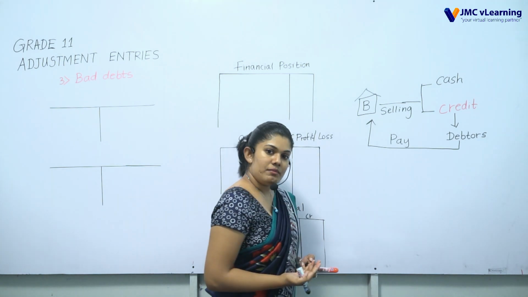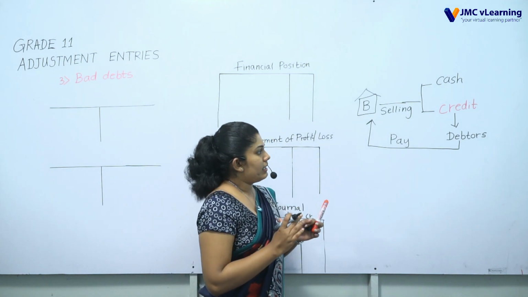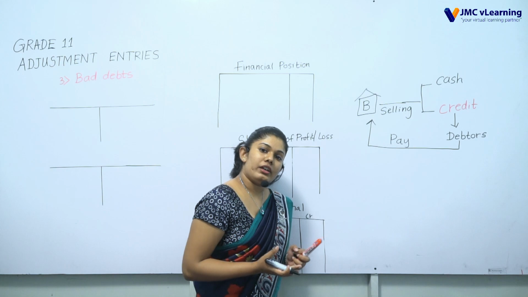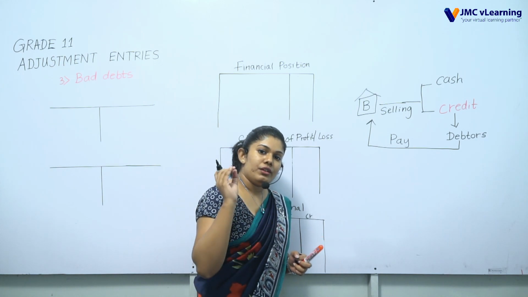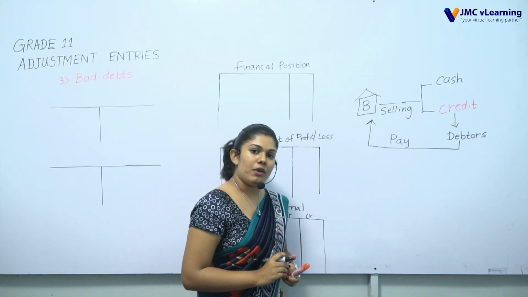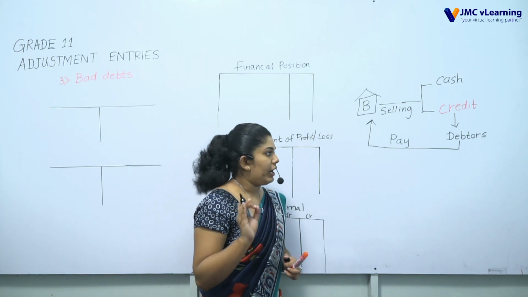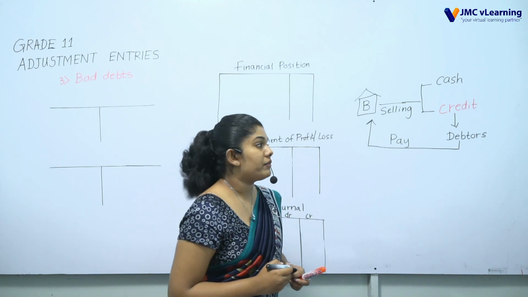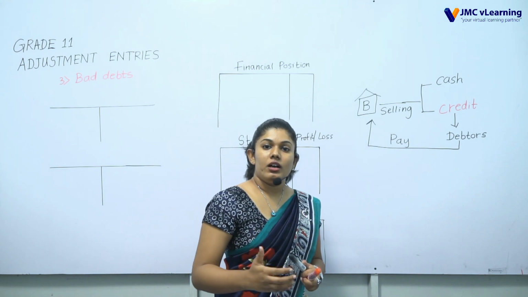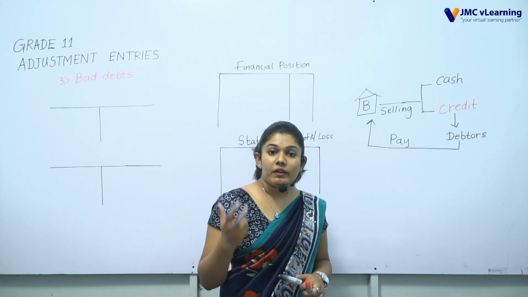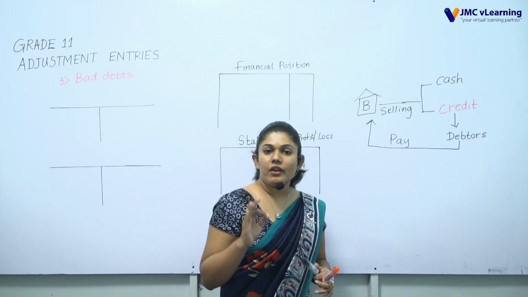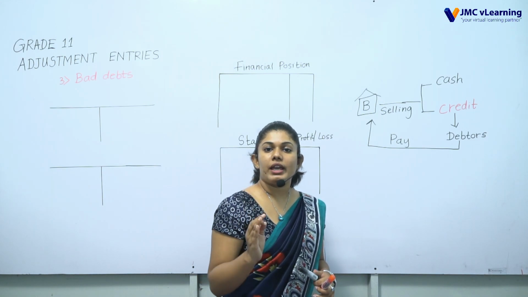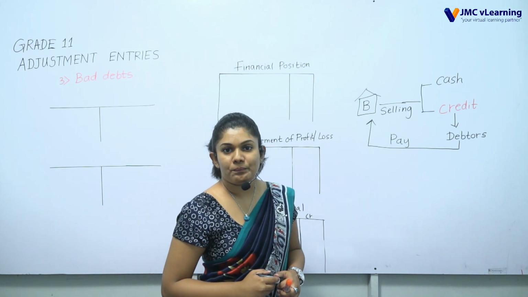But sometimes these debtors at the end of the credit period also do not pay our amounts. When they are avoiding payments, or if we didn't receive the payment by 1 year or 12 months, we have to inquire why they haven't paid us.